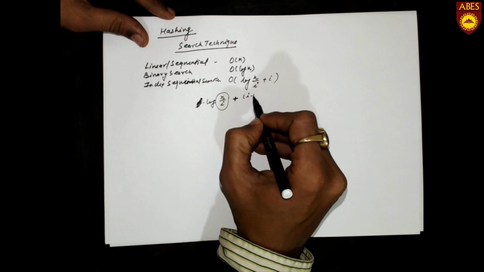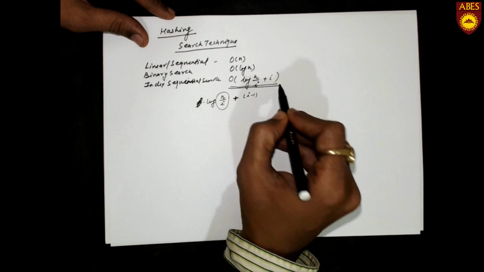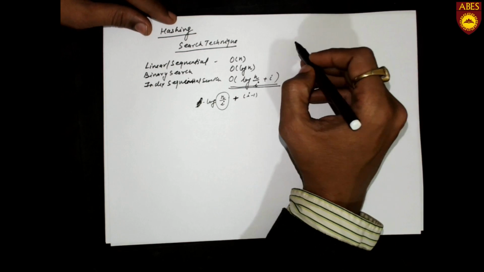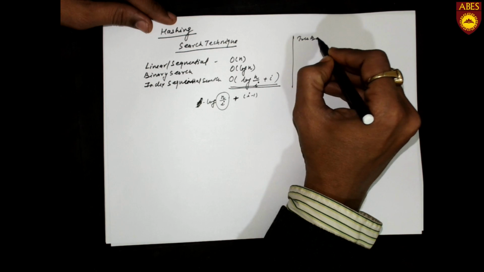So that will require I minus 1 searches. Hence the complexity of the index sequential search will be order of log n upon I plus I.